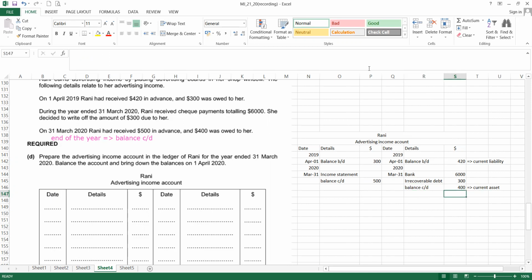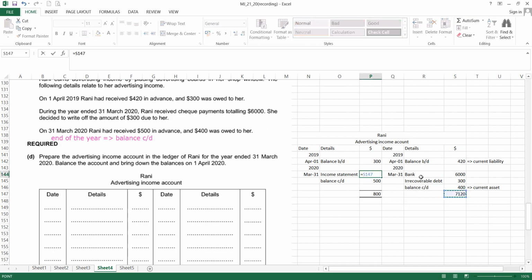So now we calculate the subtotal. Take the credit minus the debit amount. So we get 6,320. This is the balancing figure that you need to transfer to the income statement.